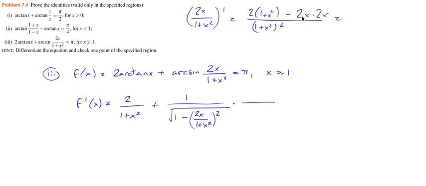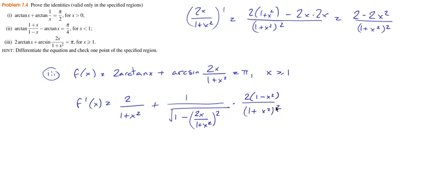So this is 4x squared, so this is 2 minus 2x squared if you do the computation, and you have 1 plus x squared squared. Okay, so in other words, this is 2 times 1 minus x squared divided by 1 plus x squared squared.